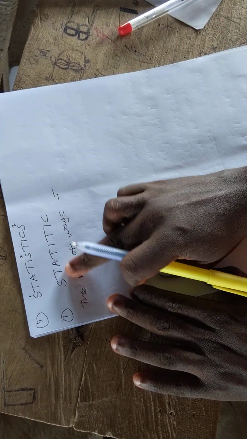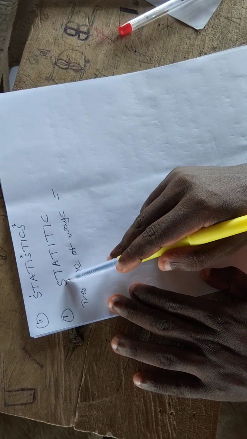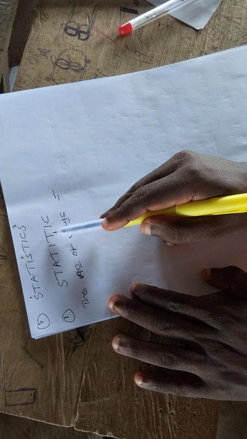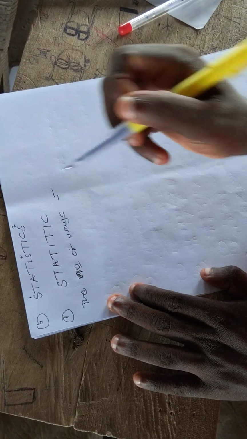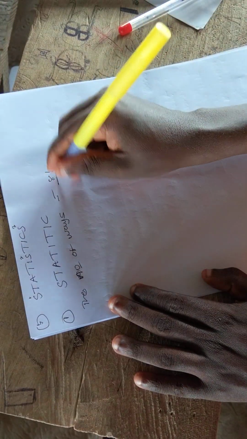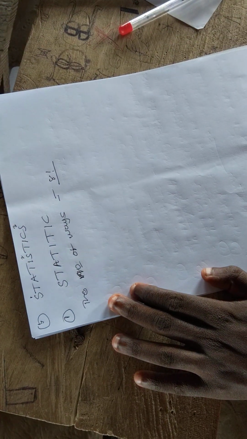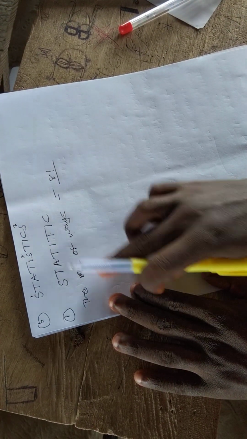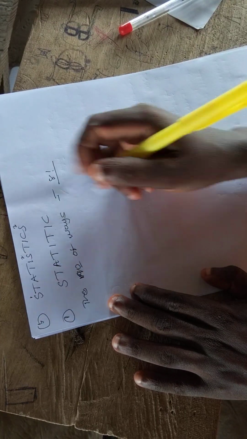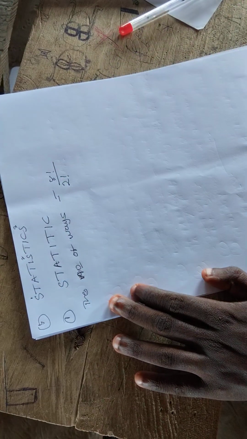In this statistic, we have 1, 2, 3, 4, 5, 6, 7, 8. So we have 8 factorial over, then we have repetition. I is repeated 2 times, so it will be over 2 factorial.